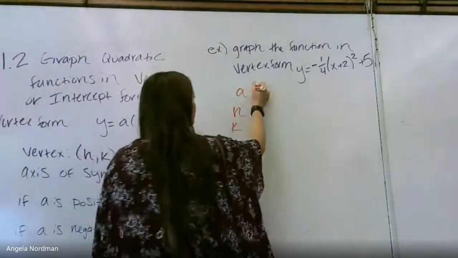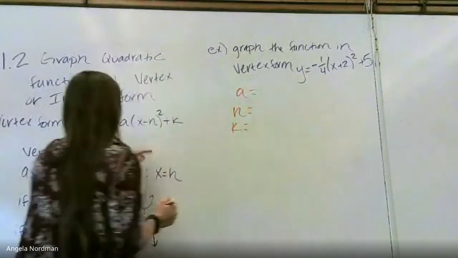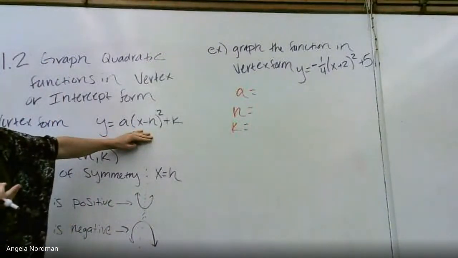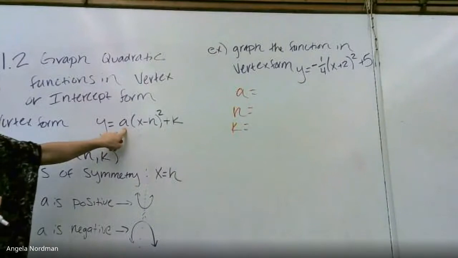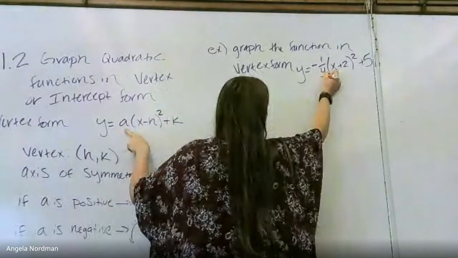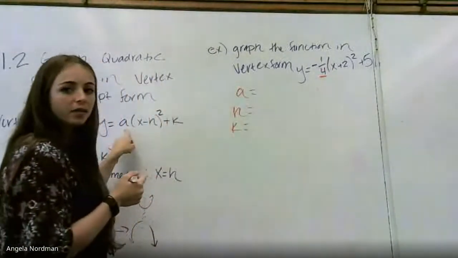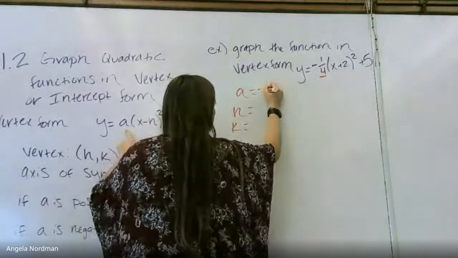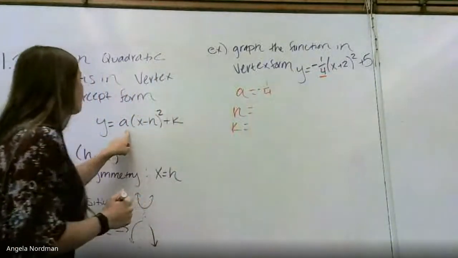So my a, if we match that back up with the formula for vertex form, you'll see a should always be that very first thing out in front. So the very first thing out in front is a negative 1/4. Remember, we can't forget to bring that sign with it. So this is going to be a equals negative 1/4.